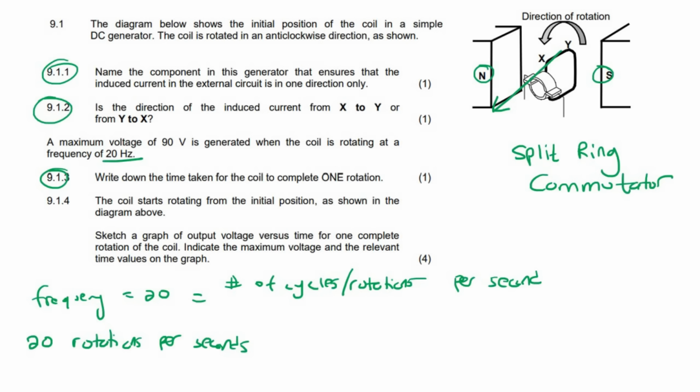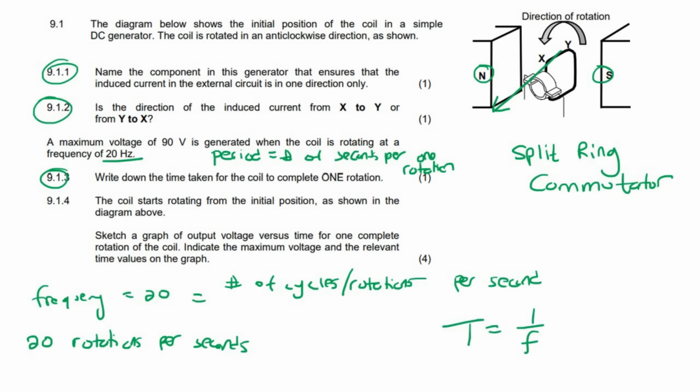So they are actually asking us for the period, because the period is the number of seconds per one rotation. So they want the period. We know that the period, T, is 1 over frequency.